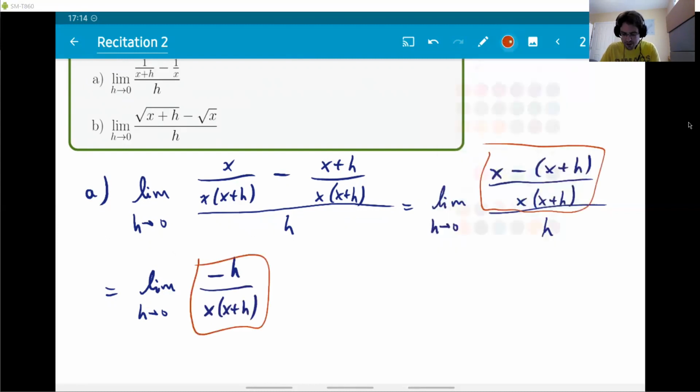Now the whole thing is divided by h, so you can write it like that, multiply by 1 over h, just so you don't have fractions of fractions. And now you see that the h's will go away. We can cancel them, leaving us with an expression. Don't forget the minus sign.